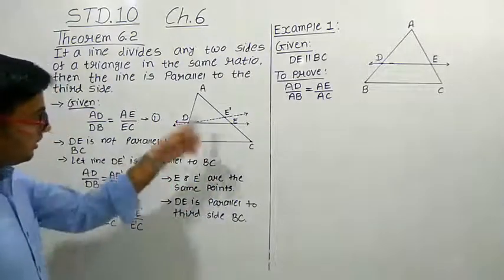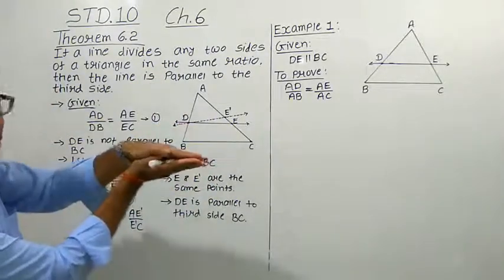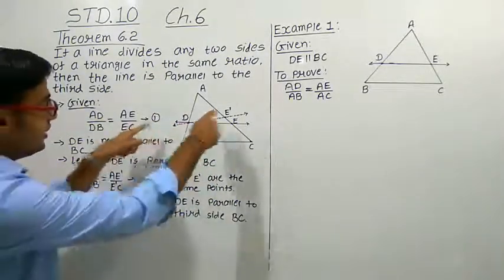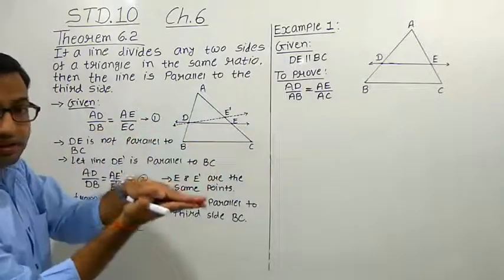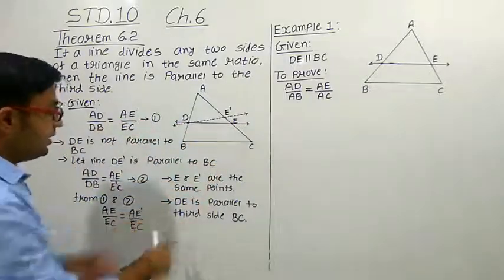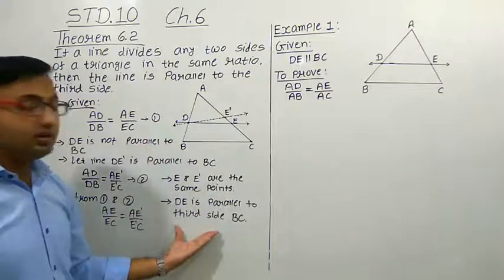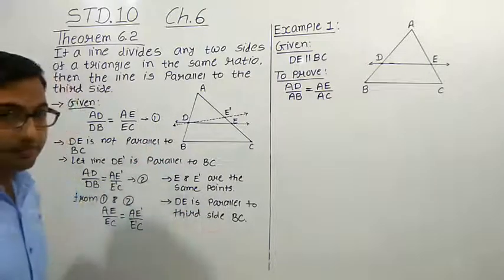When E and E dash are the same points, then both lines DE dash and DE are the same line. That is why DE is parallel to the third side BC.